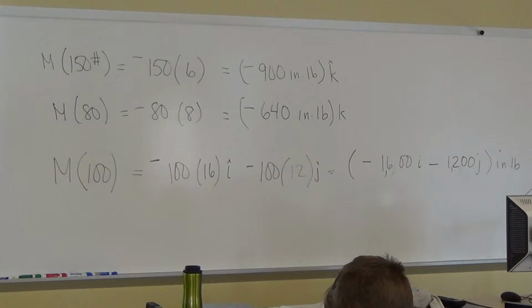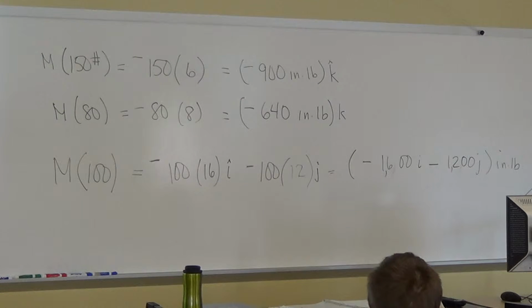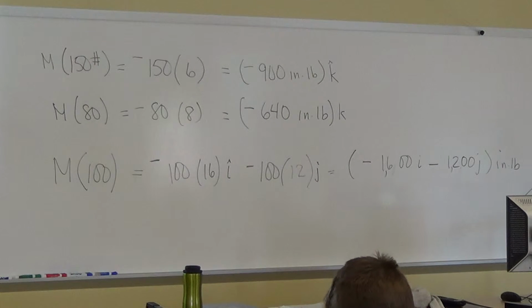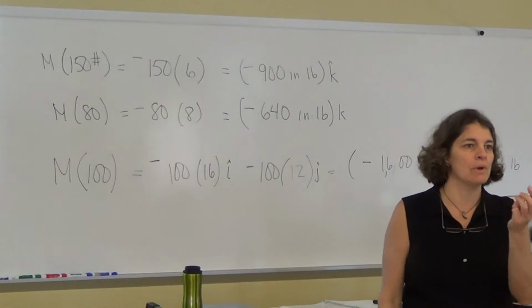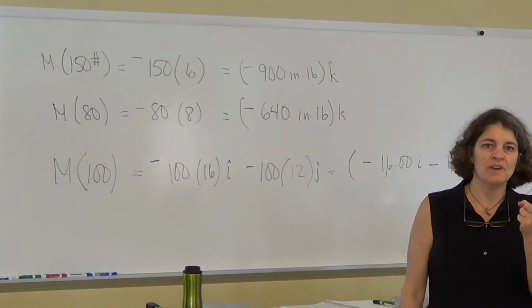JJ, what are the 2 ways we can represent the moment vectors? Okay, so let's go back to forces. Remember, before the first day of class, you learned 3 ways to represent a vector, right? So what were they? One was vector form.